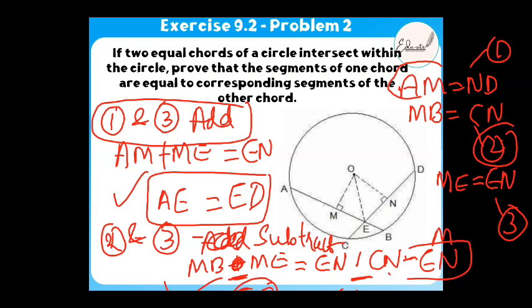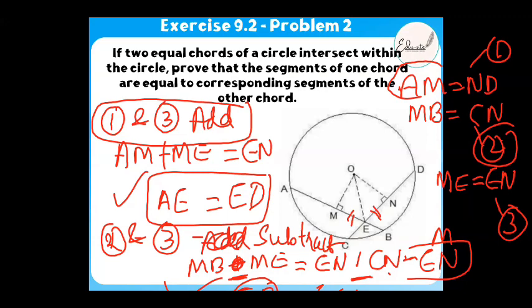Write it down, please. Was it easy? Yes. Laiba, can you please tell me the entire procedure? Have you written it all? No, I'm writing. Please write it down and tell me the entire thing from the start. How did we start and how did we end? We just wanted ME is equal to EN, so we proved the congruency, right?